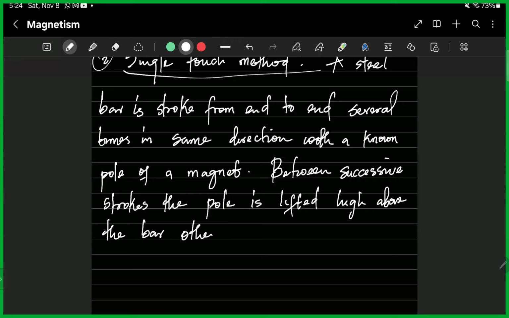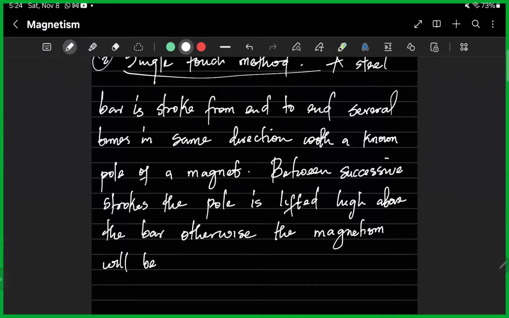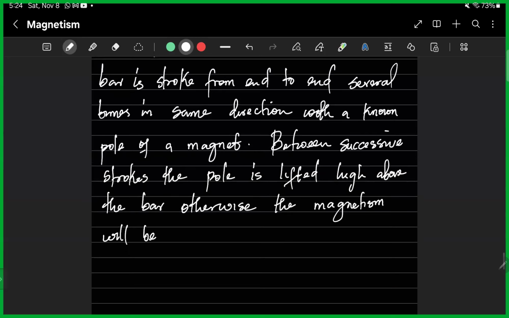Otherwise, magnetism already induced will be weakened.